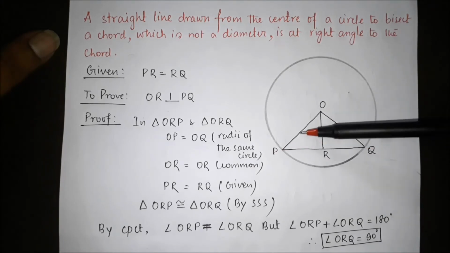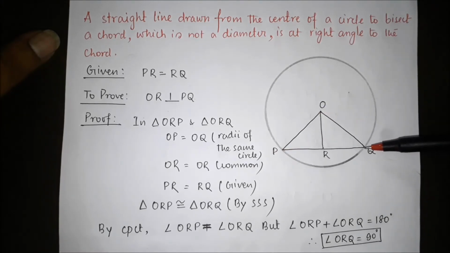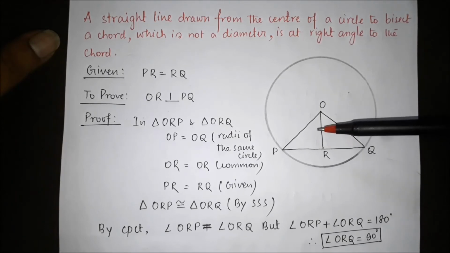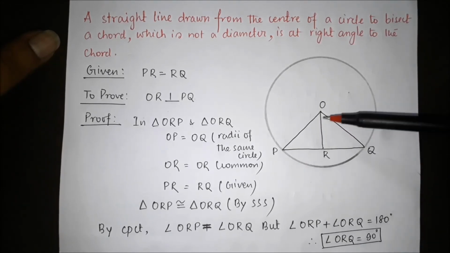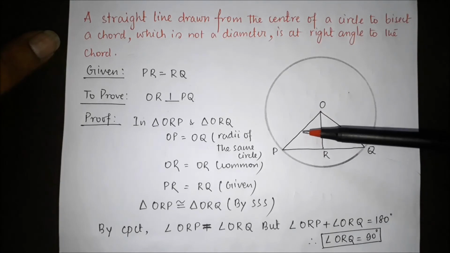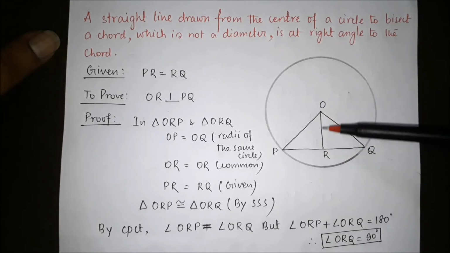Now we join OP and OQ. There are two triangles. We need to prove these two triangles are congruent to each other. We consider the triangles ORP and ORQ, where OP is equal to OQ because these are the radii of the same circle. OR is the common side and PR is equal to RQ.